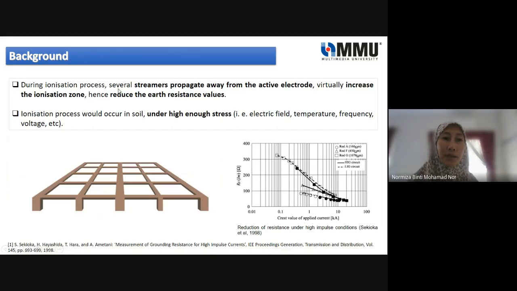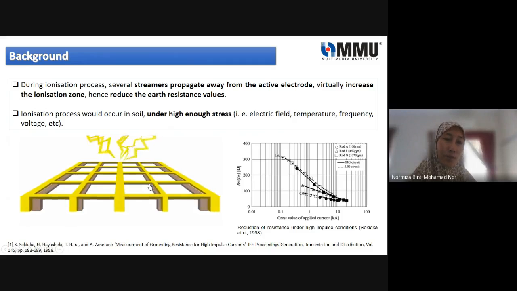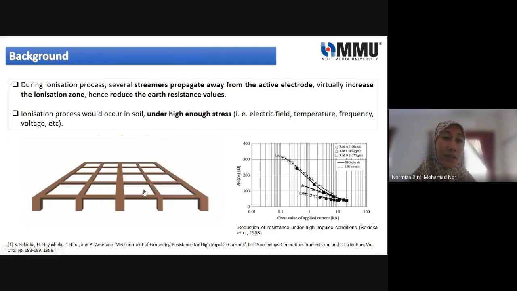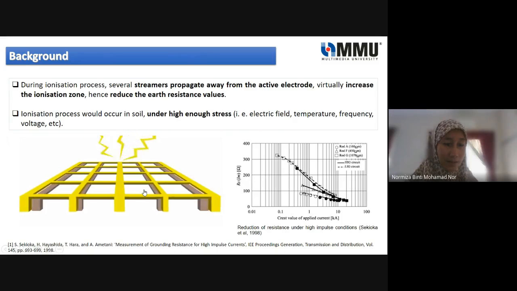During the ionization process, several streamers would propagate away from the active electrode, which virtually increases the ionization zone. In other words, it increases the radius or the arcing radius of the earthing system.